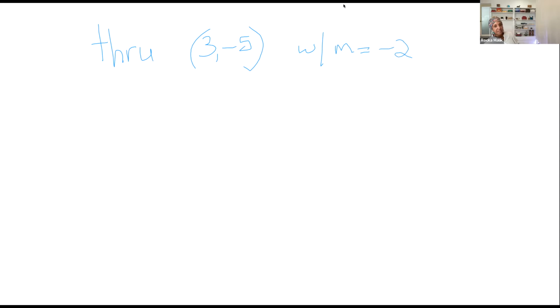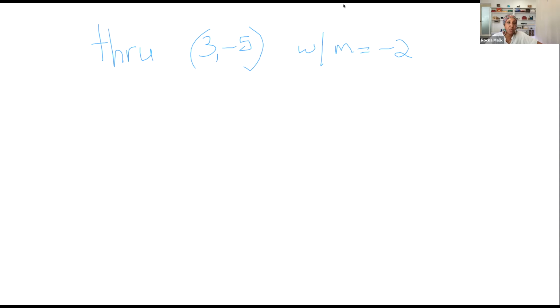You're going to write the equation of the line. This is all the information you have. They can either give you the slope and a point, or they can give you 2 points and you have to work hard to find the slope.